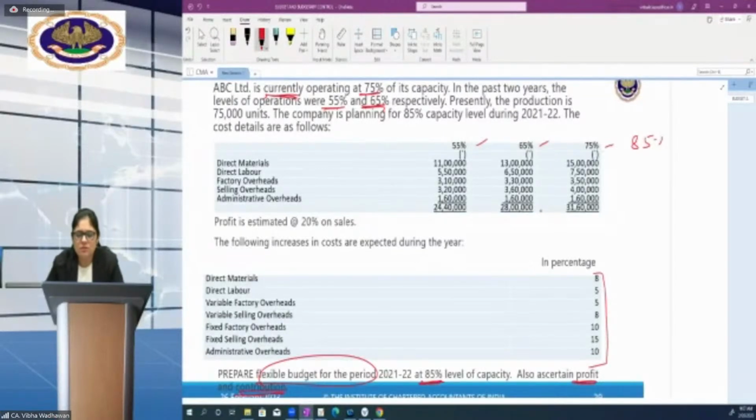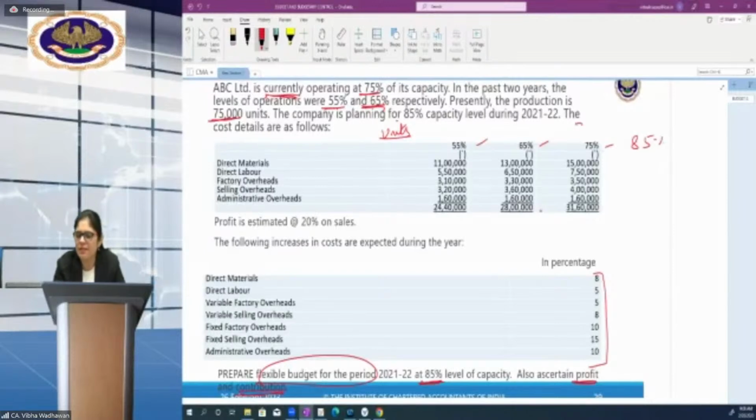Clear? So first of all, we have to start with the direct material. See, there are no units. Okay, units are also there. 75,000 units. So the first and foremost thing is the number of units. On top of it, you can include this column for units.